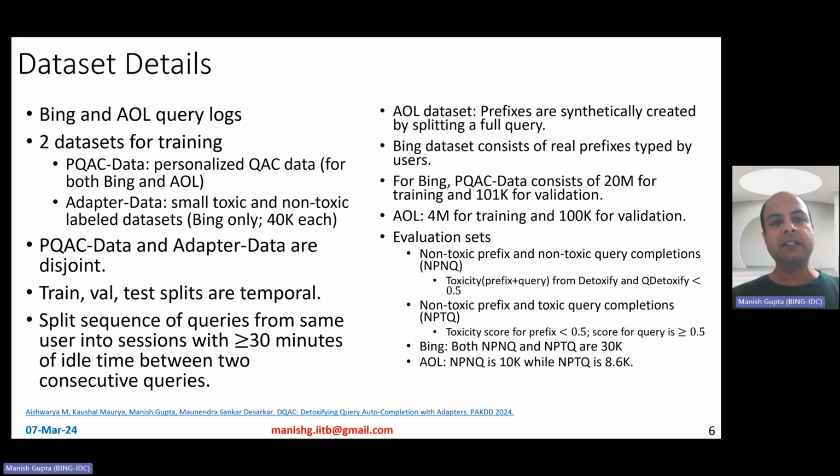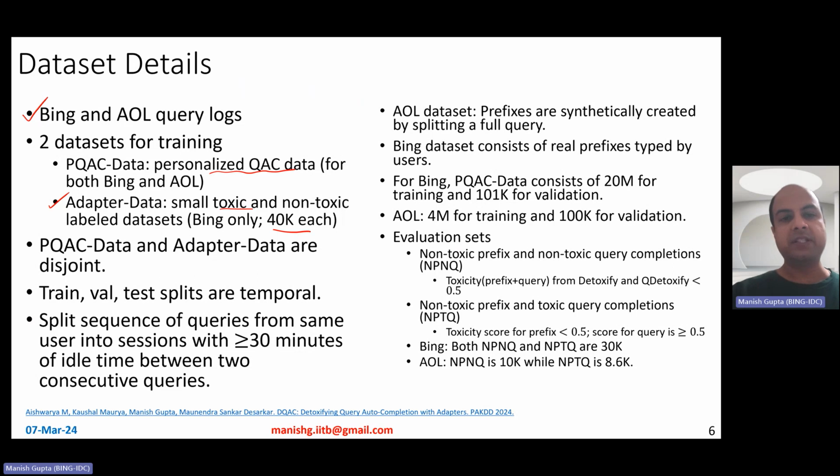Okay, so we experiment with two different data sets, Bing and AOL query logs. We also have data sets for personalized QAC training, personalized query auto-completion training, for both Bing and AOL query logs. But adapter data we have only for Bing, which is a small toxic and non-toxic labeled data set, about 40K each.